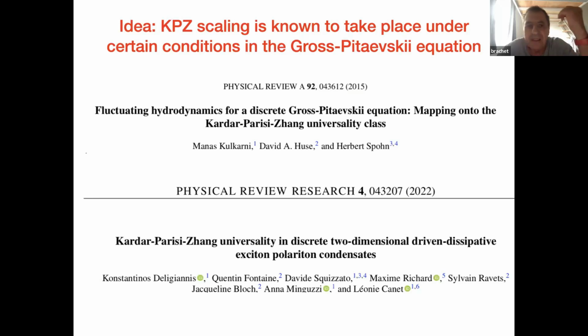They've considered fluctuating hydrodynamics in the Gross-Pitaevskii equation, and in some regimes, for those people who are doing fluids of light, the regime would be to have no vortices and only phase fluctuations, and if possible thermal phase fluctuations, and then look at the dynamics of those phase fluctuations.